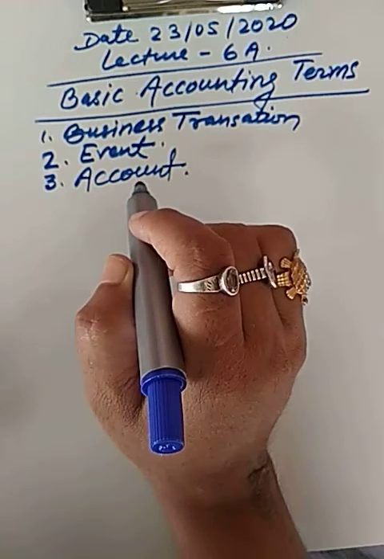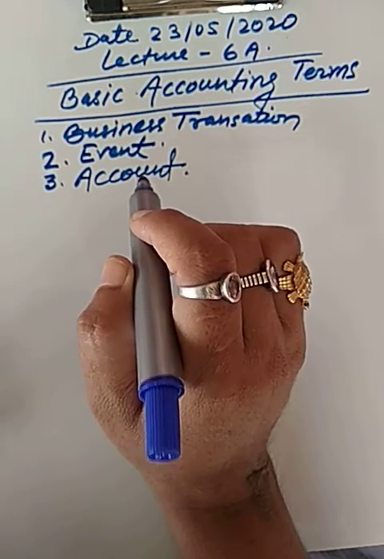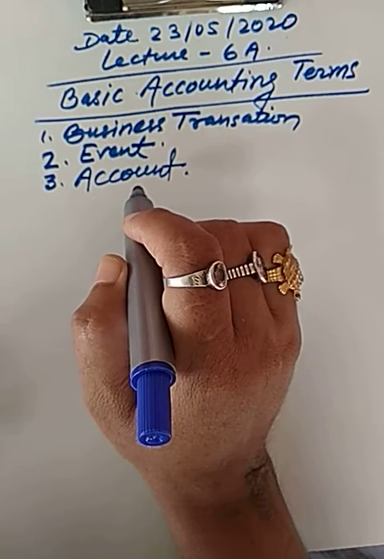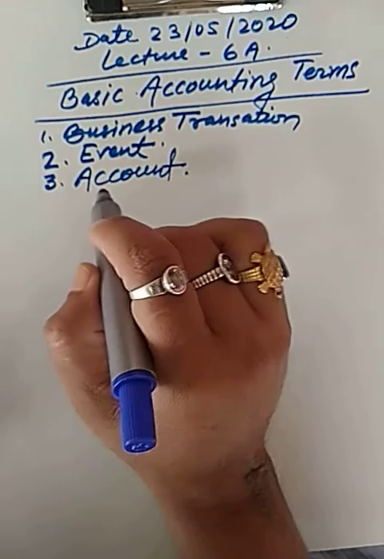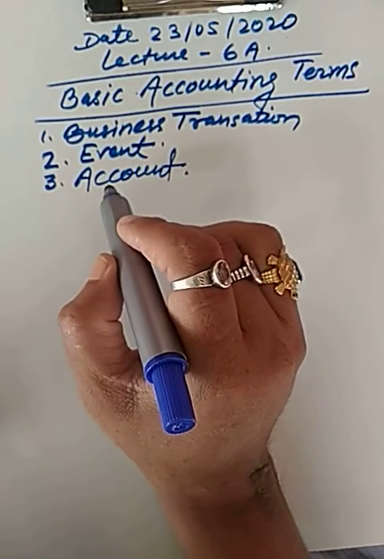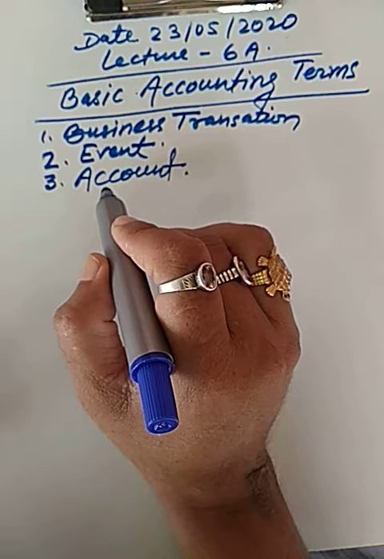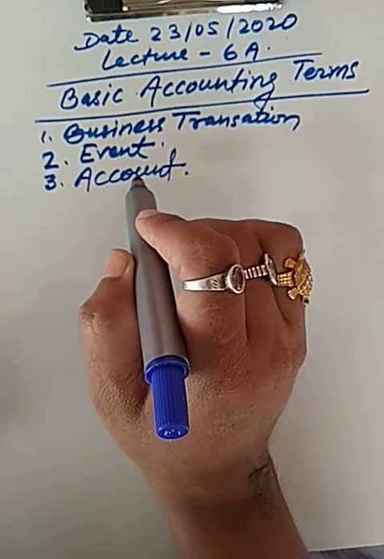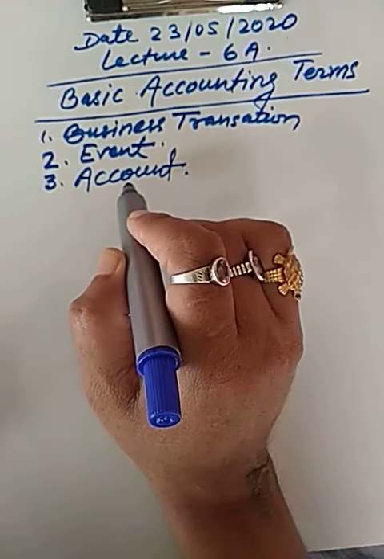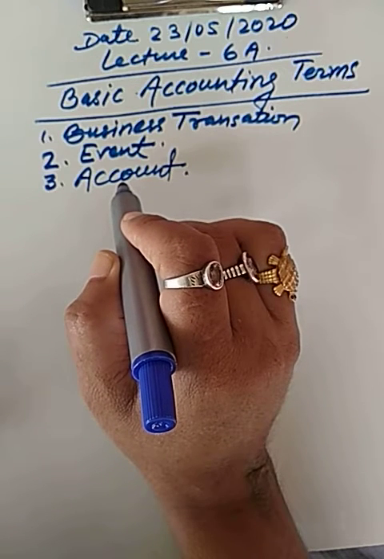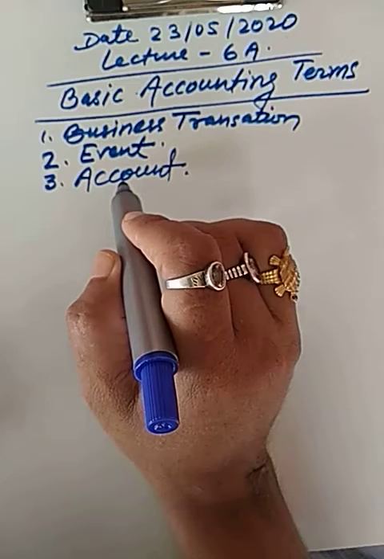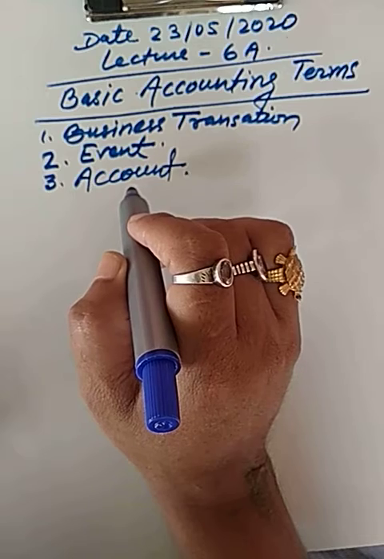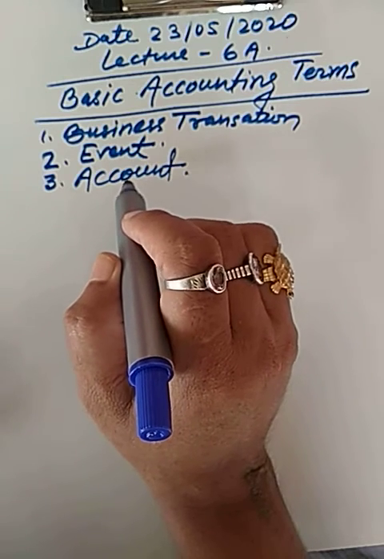Such a place is termed an account. In simple words, when similar nature transactions are recorded at one place, it is known as an account.